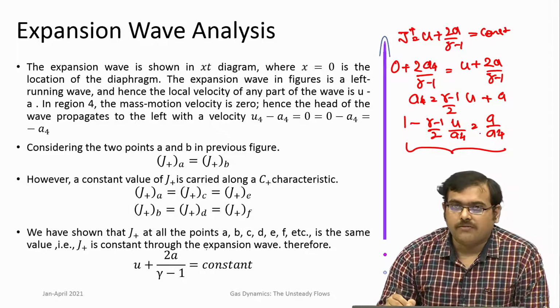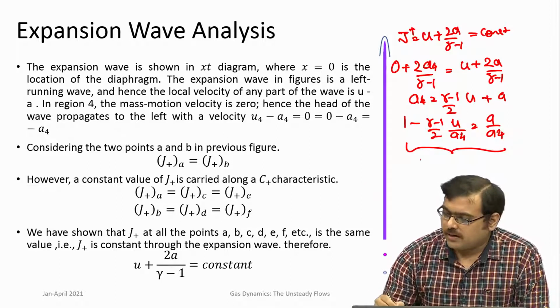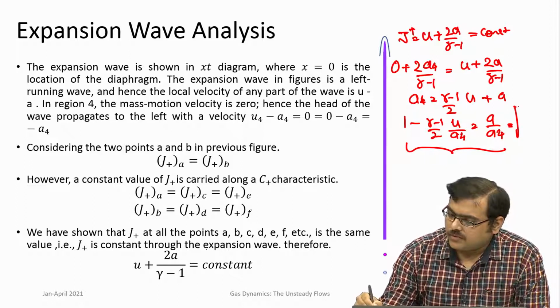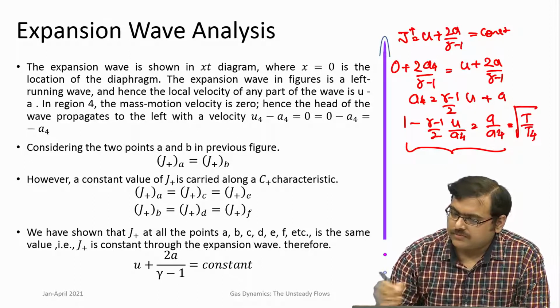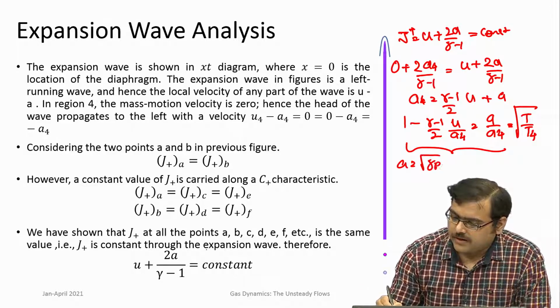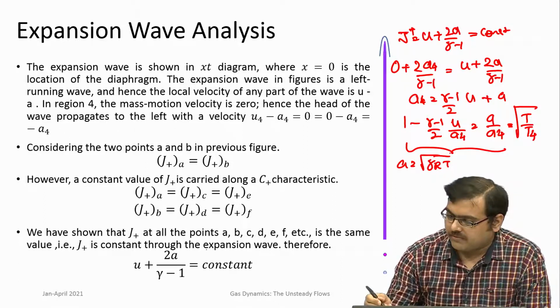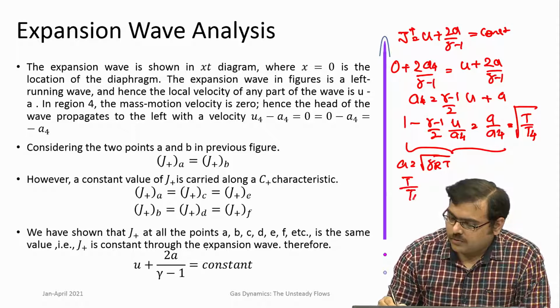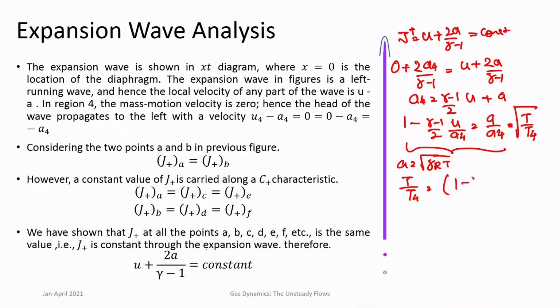Now, A by A4 is nothing but the square root of T by T4, because A is the square root of gamma RT, and we are considering calorically perfect gases. So you get T by T4 is 1 minus gamma minus 1 by 2 U by A4, whole square.